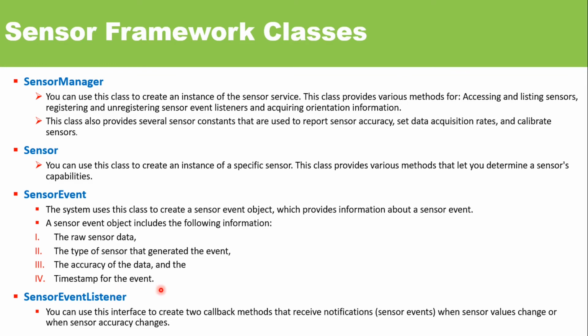Then we have the SensorEventListener. You can use this interface to create two callback methods that receive notifications, that is sensor events, when sensor values change or when sensor accuracy changes. We will also see SensorEventListener later on in our slides.